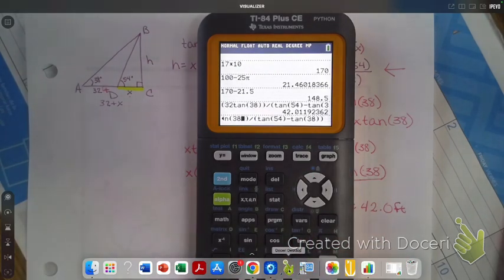The top one honestly doesn't have to have parentheses because it's multiplication. But if there was addition or subtraction there, you have to. So that's why I just think it's a good rule of thumb. Every time I do it, I do top in parentheses, bottom in parentheses so I don't forget.